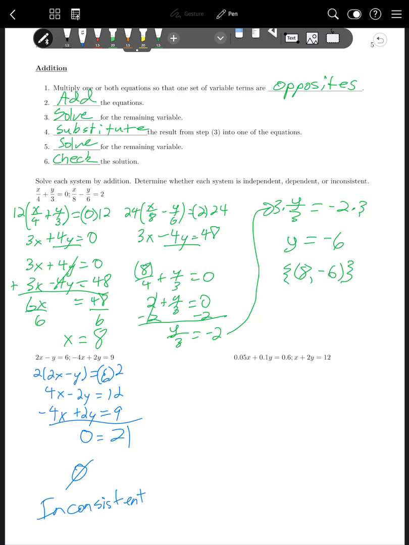Okay. And then for the last one, if I wanted to make the x's opposites of each other, I would need to multiply it by, well, one way to figure out what you have to multiply by is see what you get if you divide the coefficient on one by the coefficient in the other.